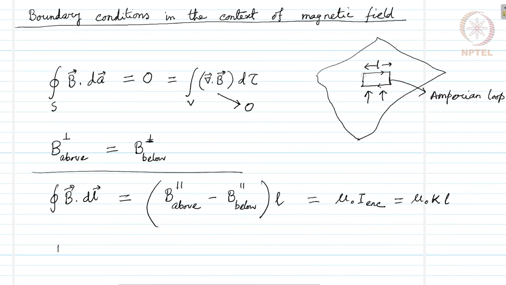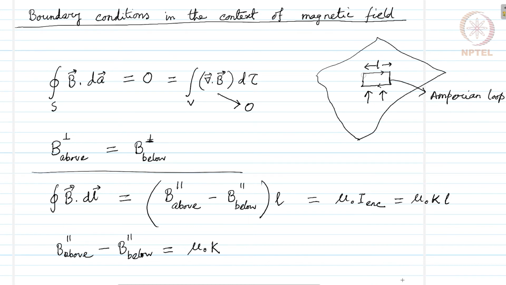Therefore, we can write down that the parallel component of the magnetic field above the plane minus the parallel component of the magnetic field below the plane will be mu naught times K. Hence, we can clearly see the discontinuity in the parallel component of the magnetic field above and below the plane.